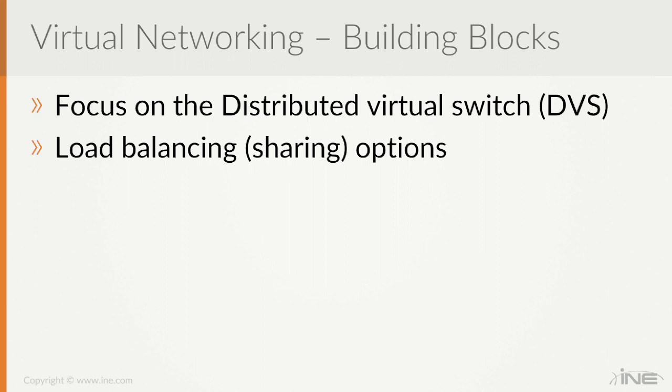Other options exist as well in the distributed virtual switch. There's the option for load-based teaming as well. So the switch automatically switches the traffic to a different physical adapter, different VM NIC, depending on the traffic pattern.